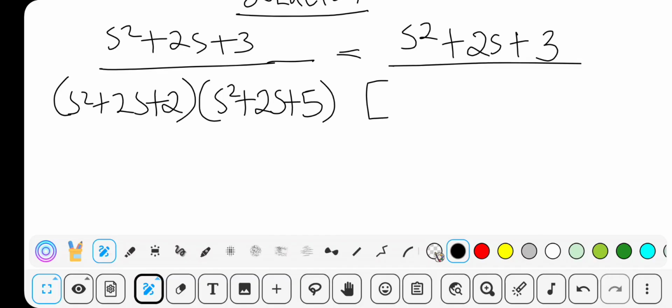From the quadratic equation, you can make one of the multipliers of the denominator equal to 0.